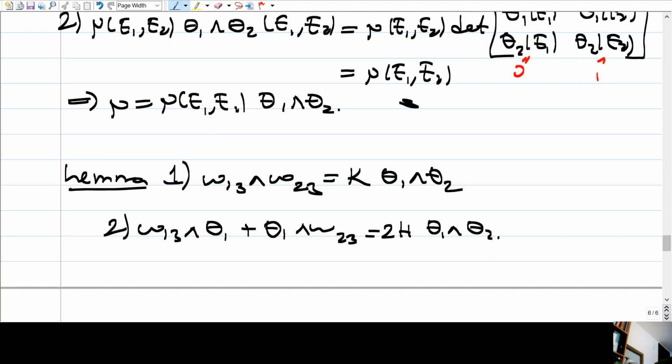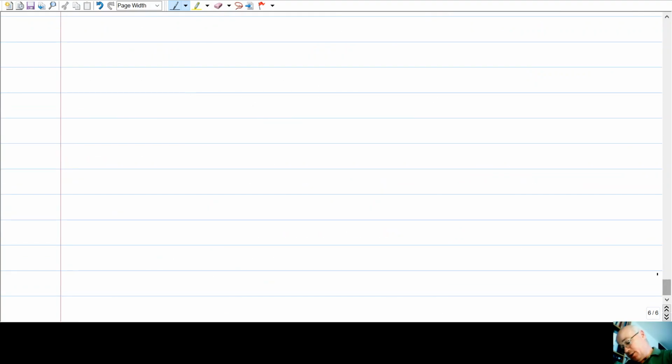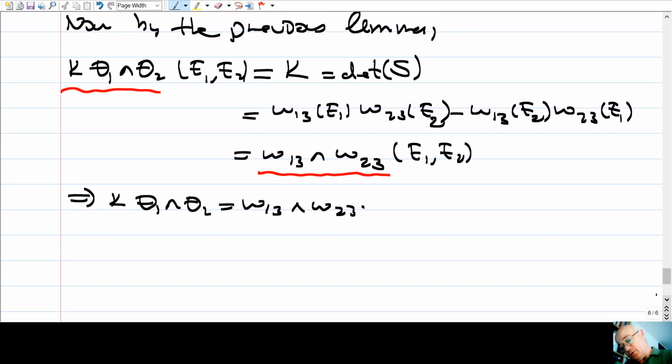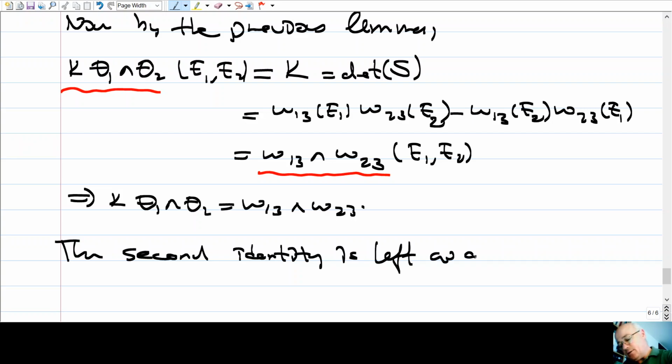Yeah, this should be 2. Sorry. I won't prove the second statement. It is done in a similar fashion. So the second identity is left as an exercise.